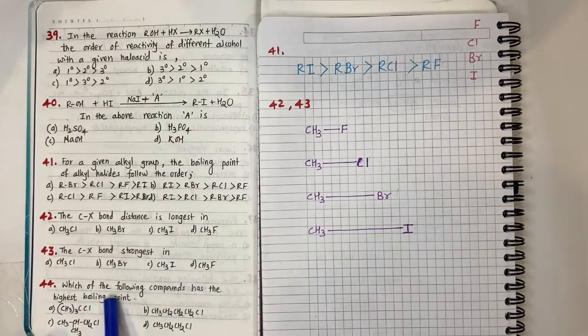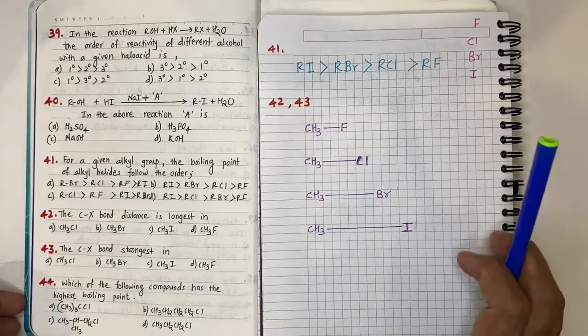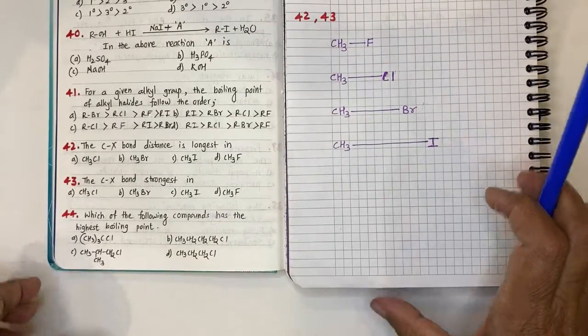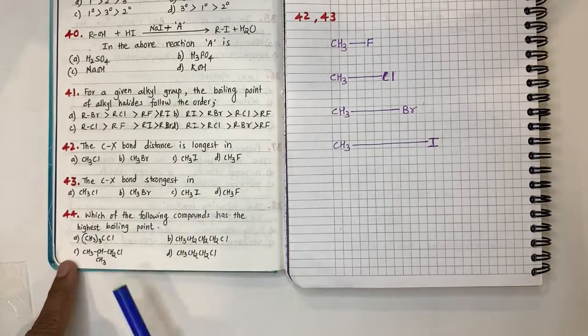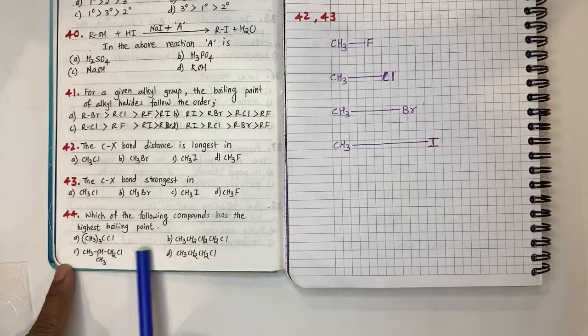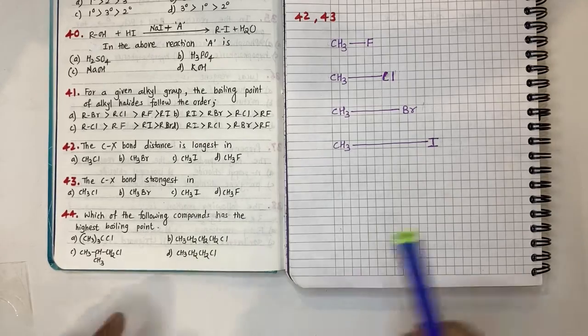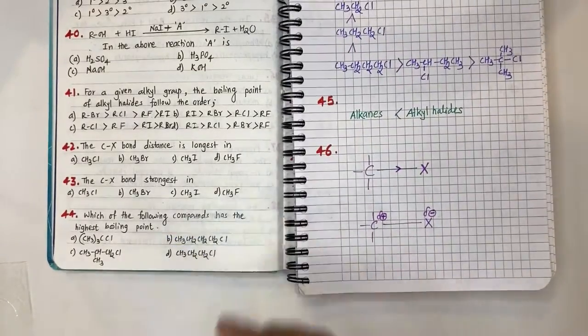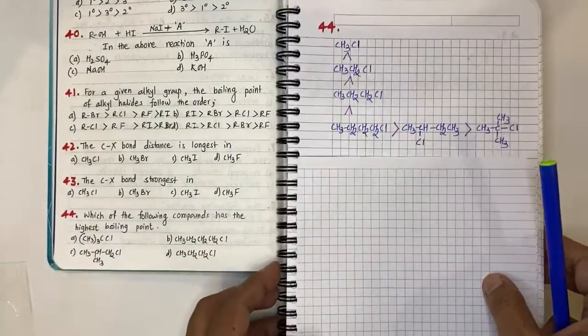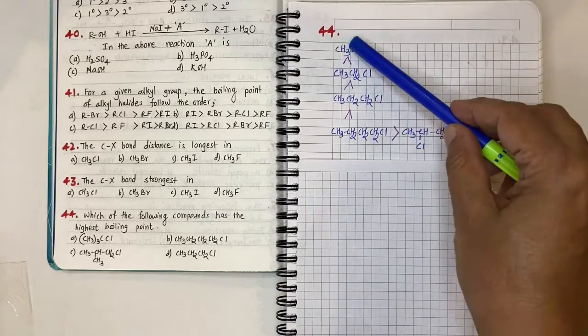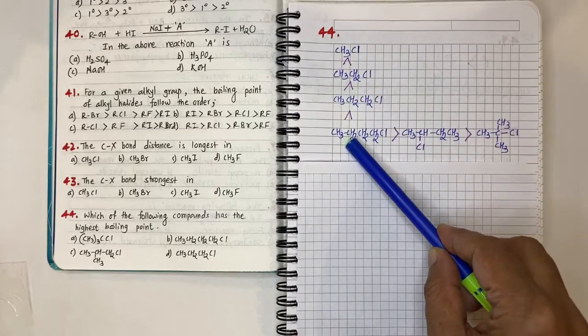Next, which of the following compounds has the highest boiling point? Now see here, the options are tert-butyl, n-butyl, isobutyl, and this is n-propyl. You know that as the mass and size increase, boiling point increases.